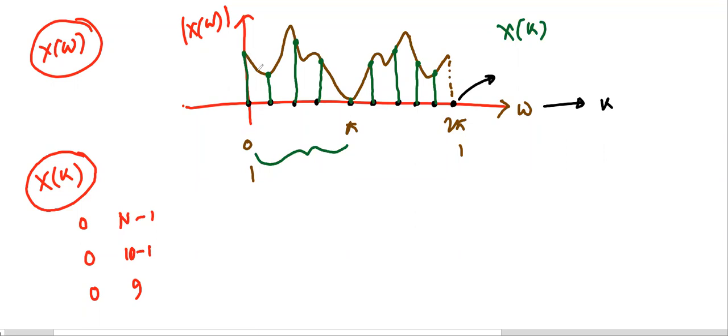For example, which frequency component actually has the higher strength? You can find that, of course. In this case, let's say I am writing this. This point represents the maximum strength between 0 and pi.